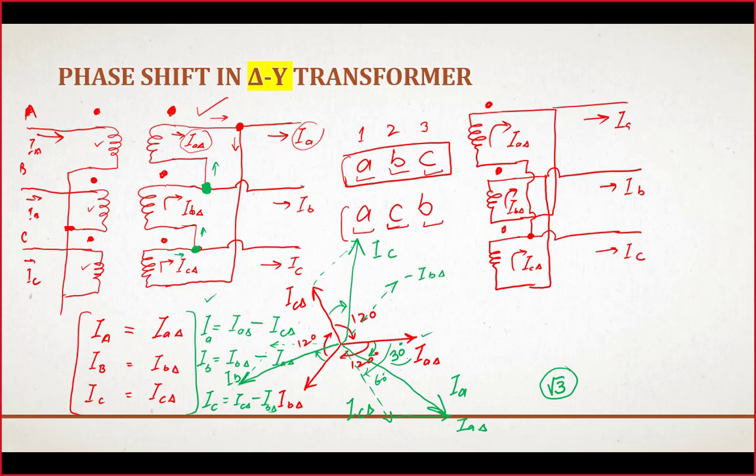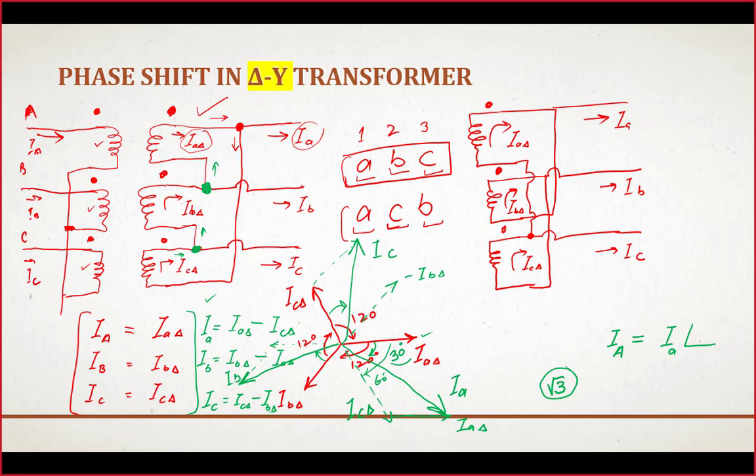So if we now write the relationship between the two side line currents, for the first one, IA, the line current on the Y side, is equal to, what about the other side? We are not going to mention the increase in magnitude. If we assume that currents are in per unit, we can write them in per unit as it is. So that will become I small a with an angle. What will be that angle?